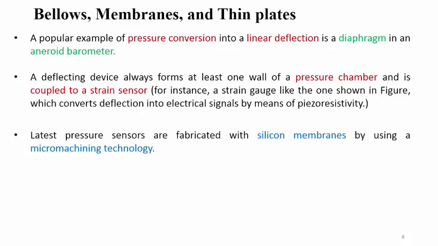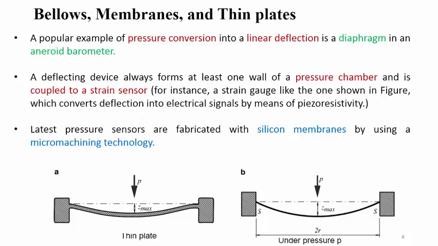The latest pressure sensors are fabricated with silicon material or silicon membranes by using micromachining technology.